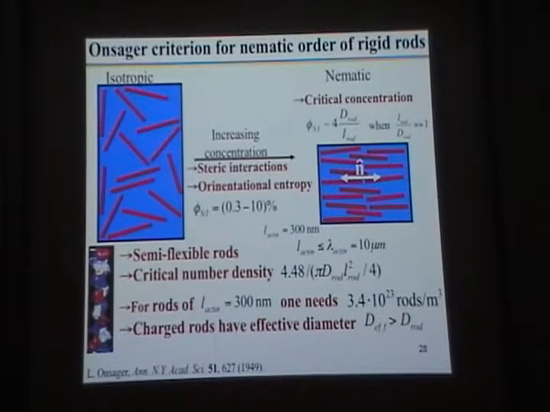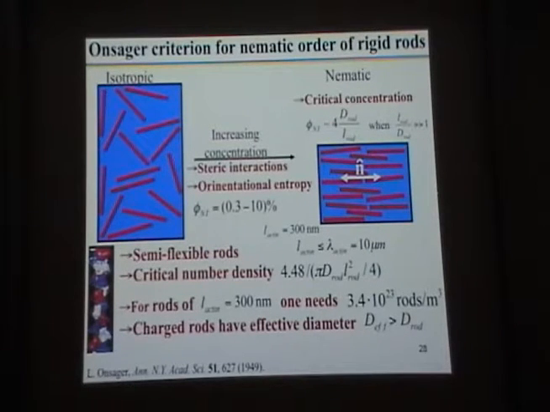And so as you increase the concentration of such molecules in a solvent like water, then at some critical concentration, you spontaneously transition from a disordered state to the liquid crystalline ordered state. And the theory by Onsager for the case of rigid rods precisely gives you the value of concentration that you need in order for this to happen, right?